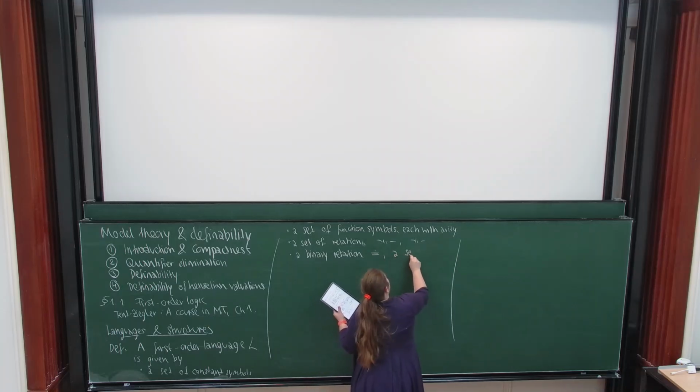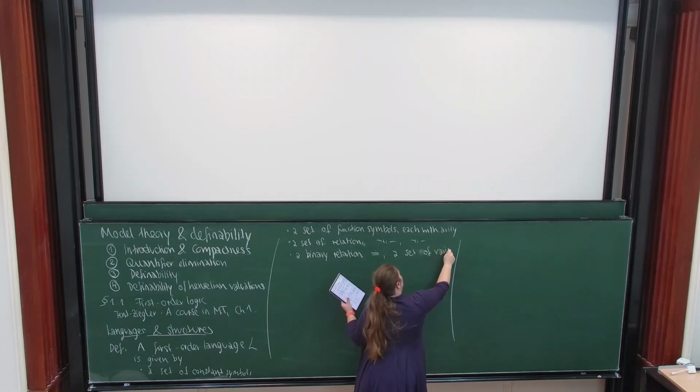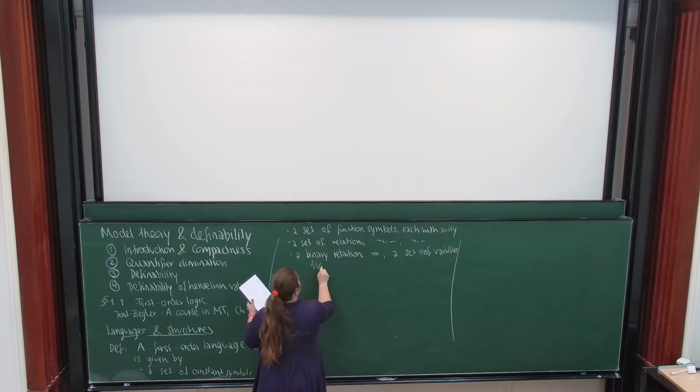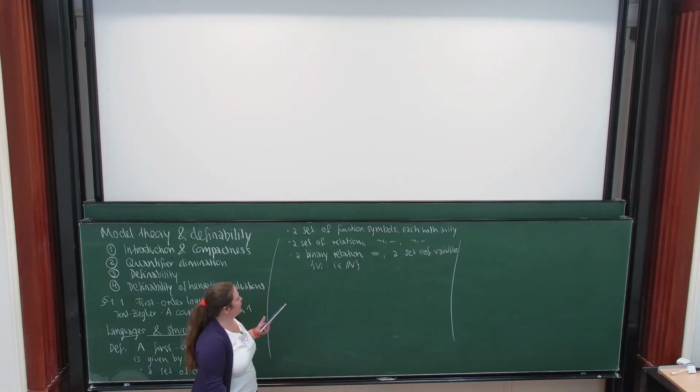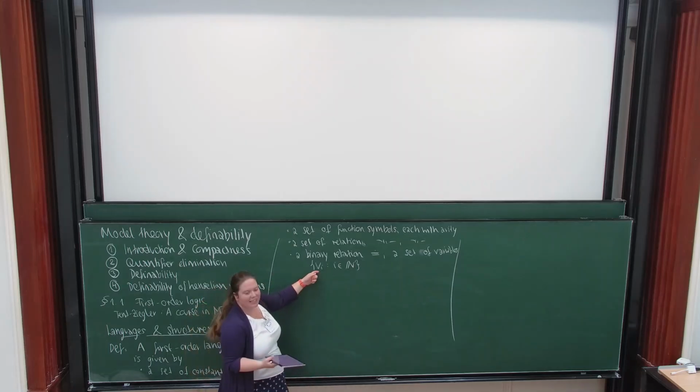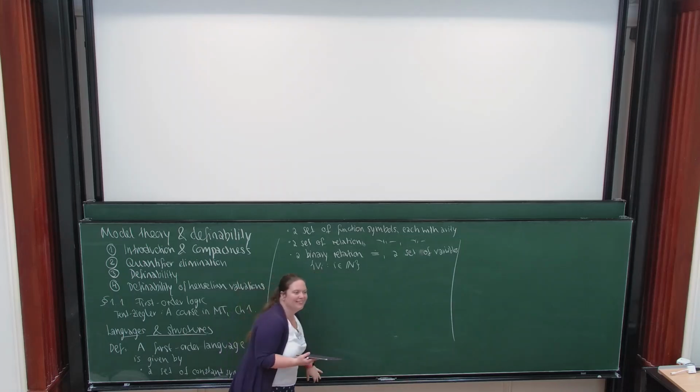A set of variables: I take one variable for each natural number, and of course later I also write x and y for my variables and ignore that I've called them v_i.